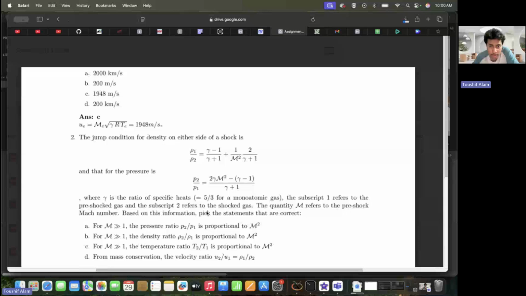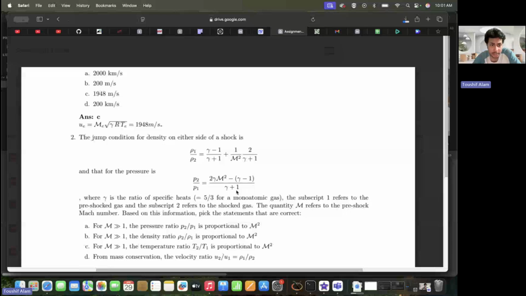And here also, you can't put it directly; you should better divide by M square, so in 2 gamma minus gamma minus 1 by M square, this term will be negligible.